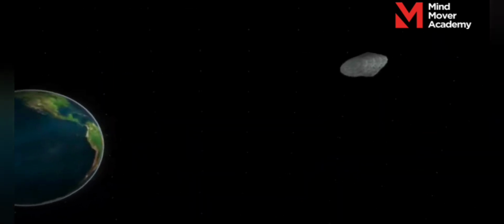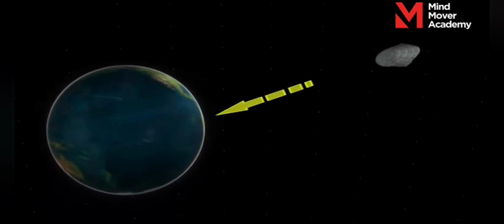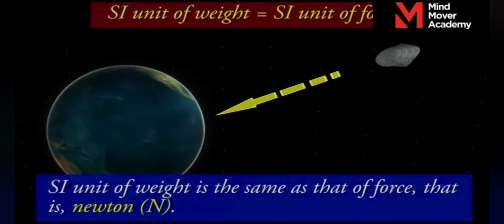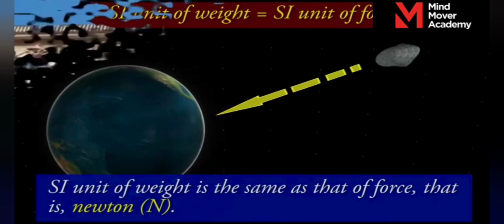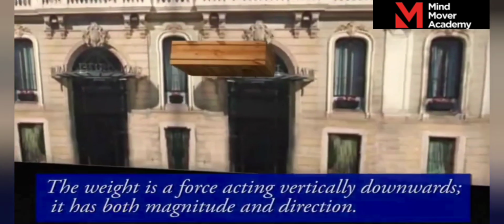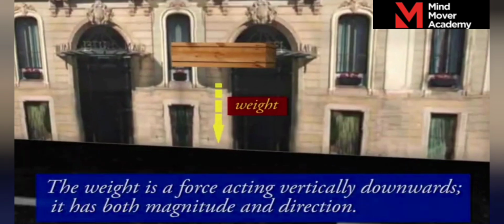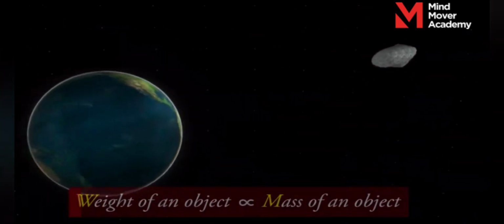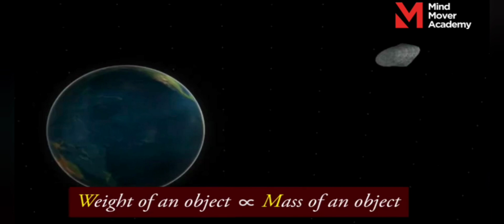As the weight of an object is the force with which it is attracted towards the Earth, the SI unit of weight is the same as that of force, that is, Newton. The weight is a force acting vertically downwards. It has both magnitude and direction. At any given place, the weight of an object is directly proportional to the mass m of the object.